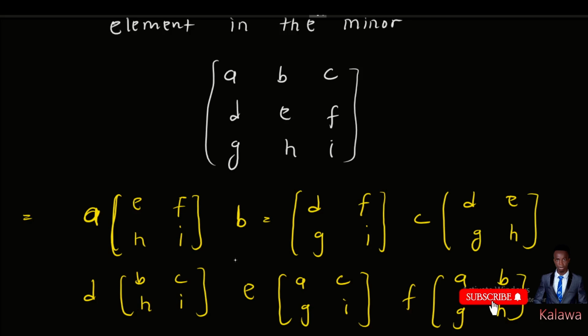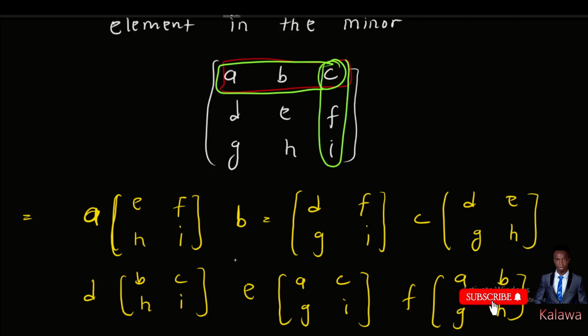We take them out, and whatever remains is known as the minor for C. Remember, we are still considering the three elements we have chosen to find our determinant, which are A, B, and C. So let's make C the subject and find out which row C is connected to. We can notice that C is connected from this row, and it's also connected from the third column, which is C, F, I.